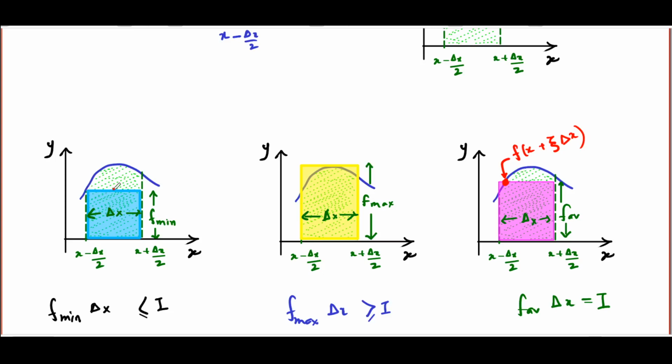It's too small here, it's too high here. Somewhere in between, it must behave like Goldilocks and the Three Bears case of being just right. And that height is of course what you call f average.